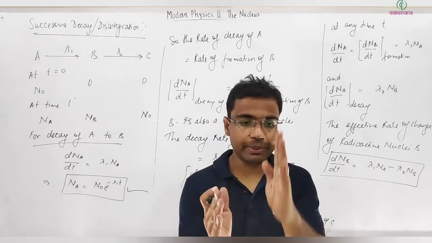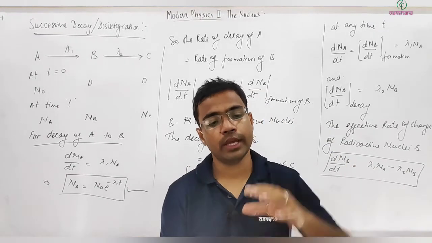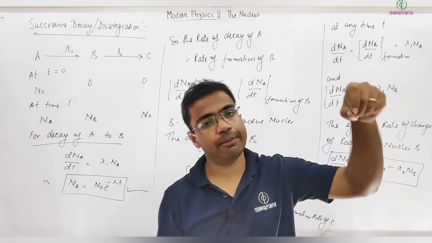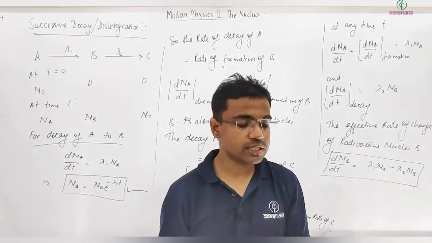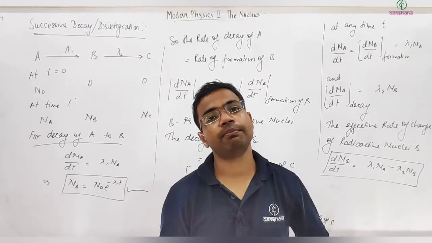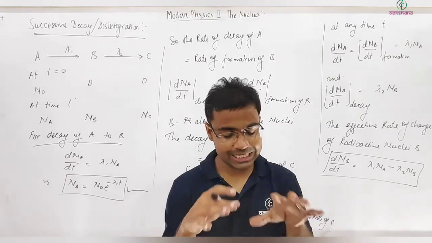A decaying to B, B decaying to C. You might have seen a similar situation: let's say we have one tank. When we open the tap, it starts filling, but there is a small hole at the bottom of the tank. What happens after some time? The water starts flowing out of the tank. So effectively there is a net change.